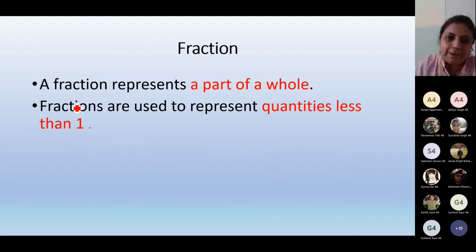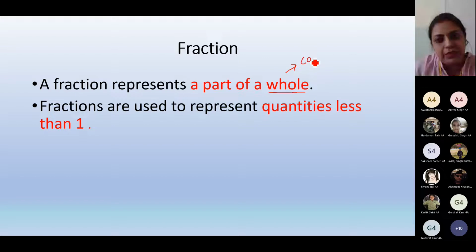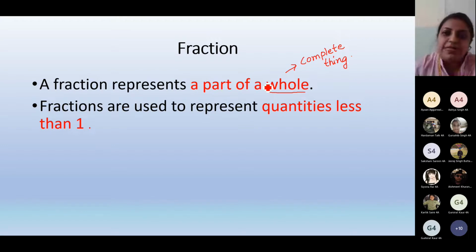So children, what is a fraction? A fraction represents a part of a whole. Whole means the complete thing. So how will we represent a part of a complete thing? That representation in mathematics is a fraction.